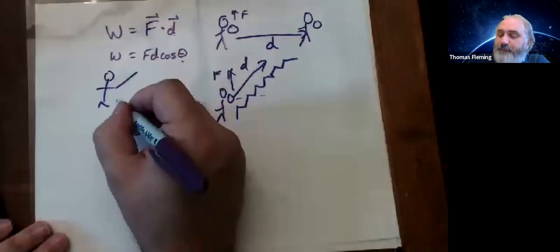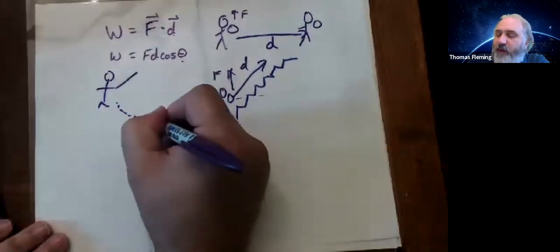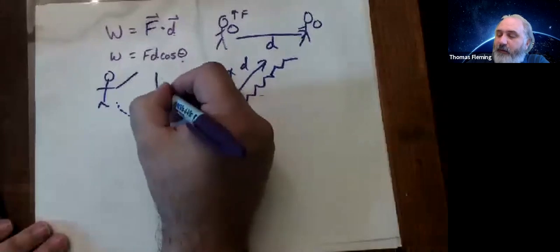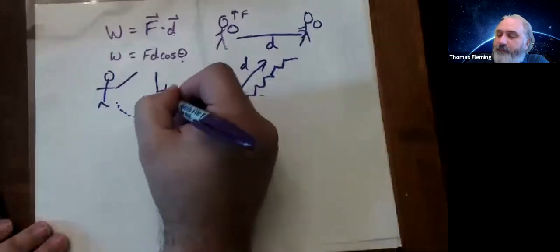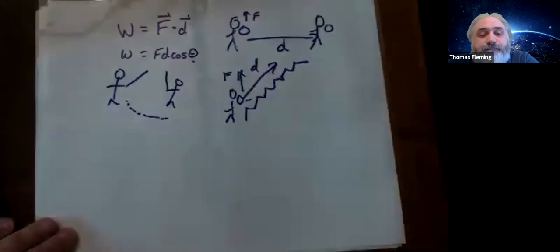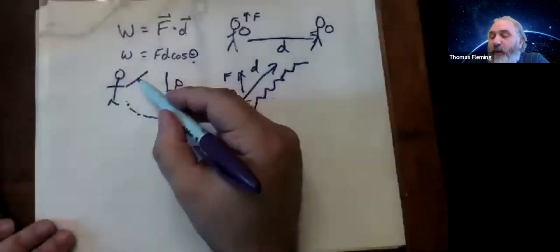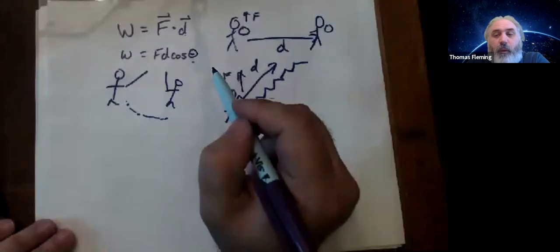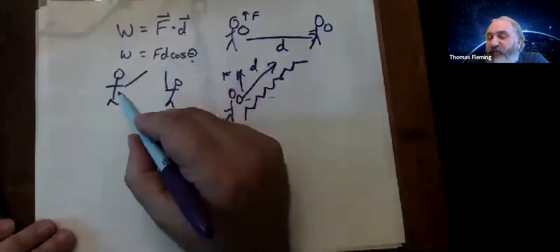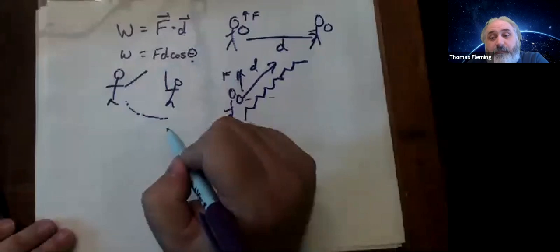If I'm Spider-Man and I'm swinging from point A to point B, and I want to think about how much work is being done by that web. Well, what's tricky about this problem is that the distance that Spidey is traveling keeps changing, right?